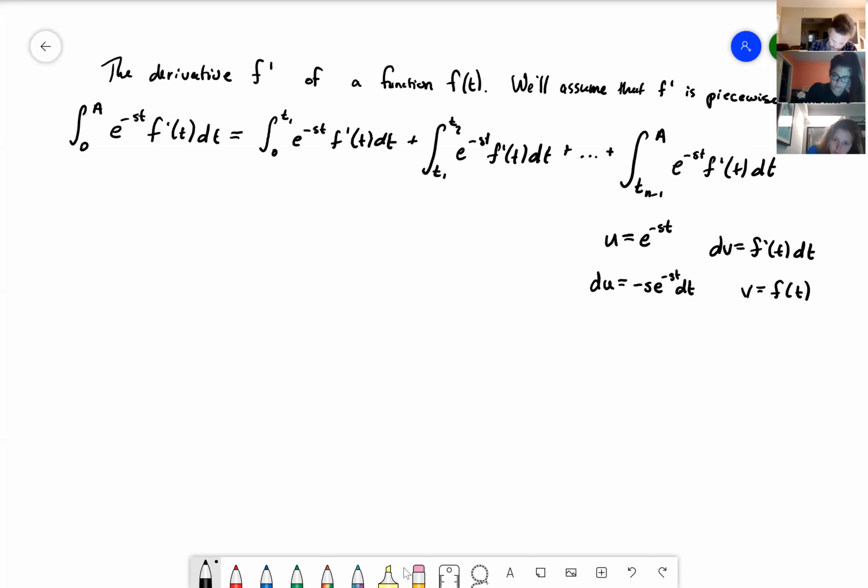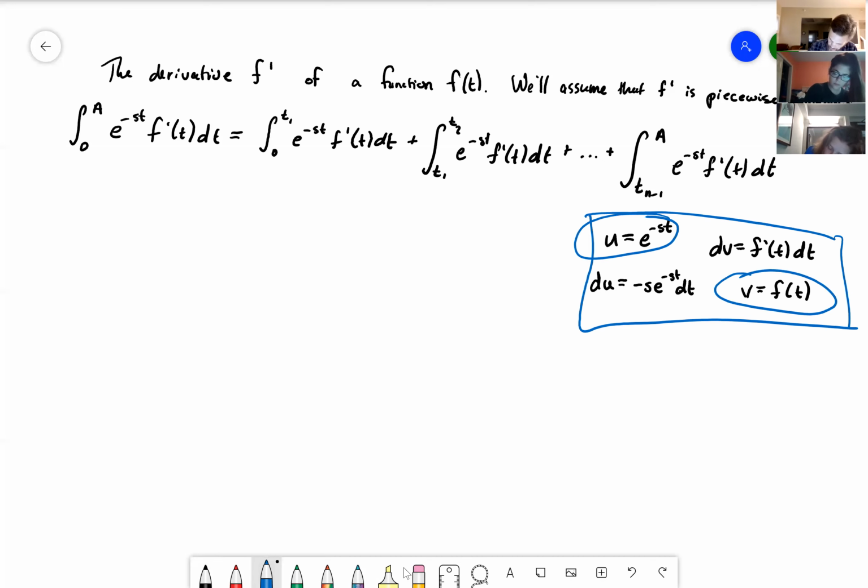To write this out, I'm going to first collect together, and let me box this off by itself so that it doesn't run into the other stuff, the uv terms. The formula for integration by parts starts off with uv evaluated at the points.